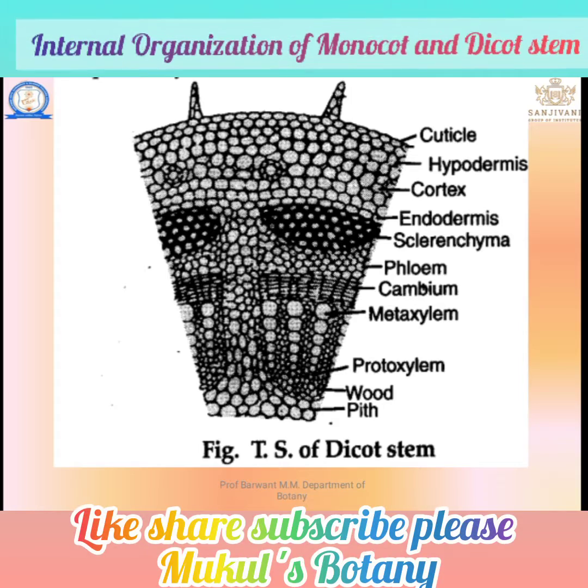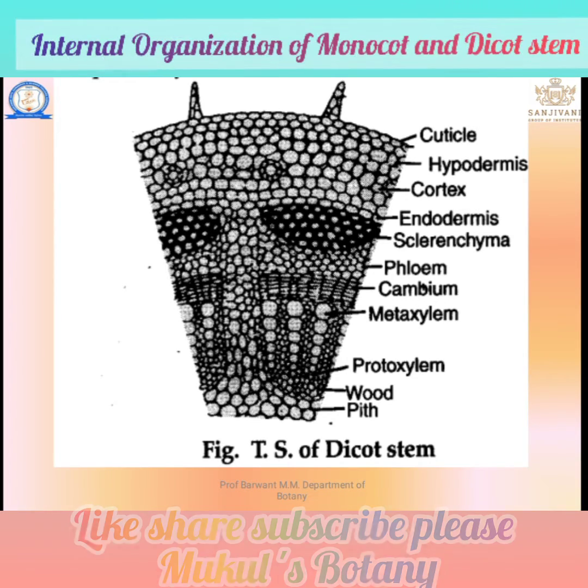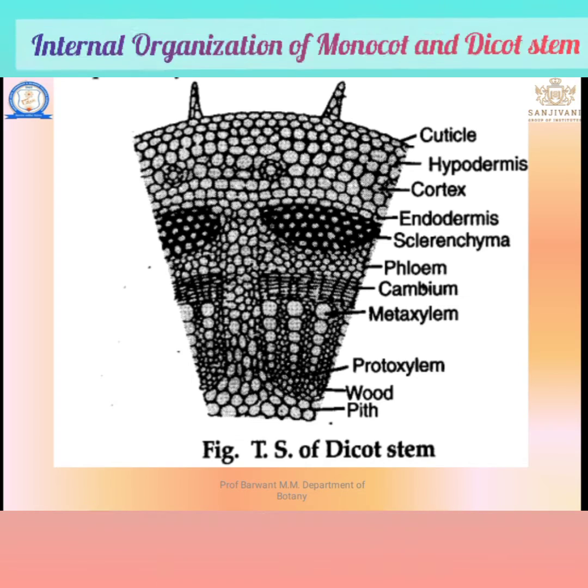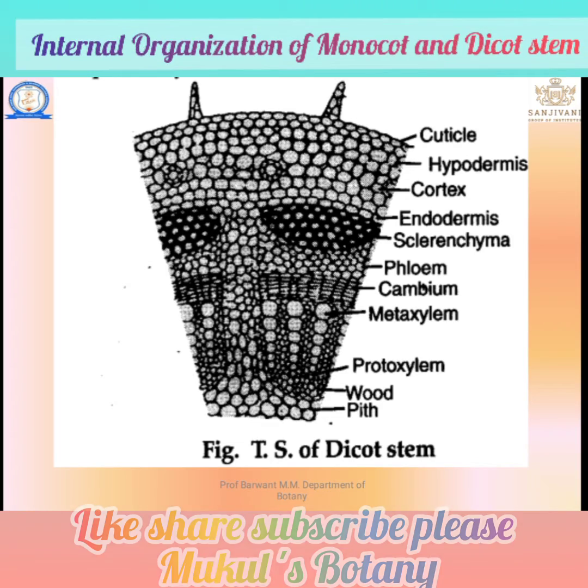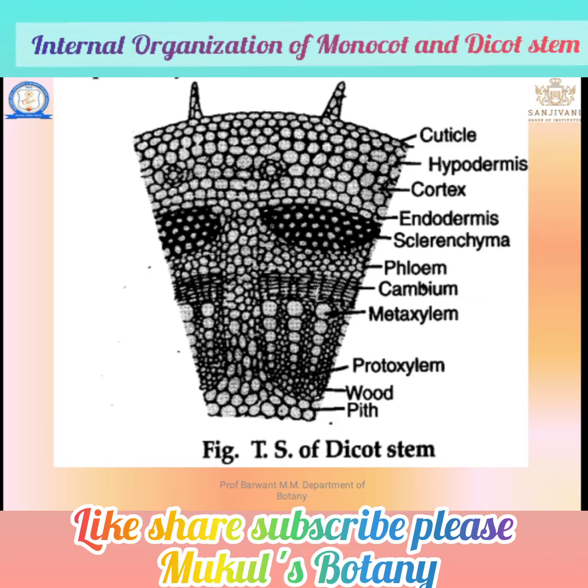After the epidermis, which is a single layer or multi-layer structure, the hypodermis is present. The hypodermis is the multiple layers of cells below the epidermis. Then an important layer of storage tissue, the cortex, is present.